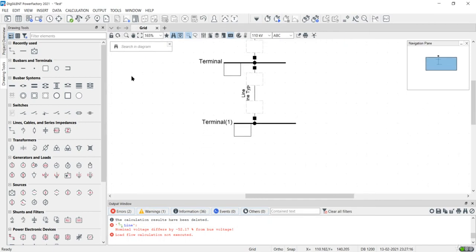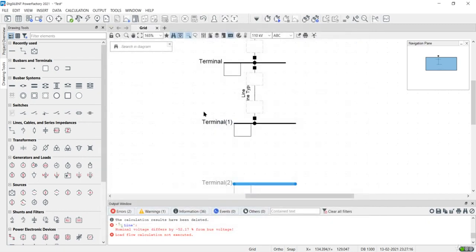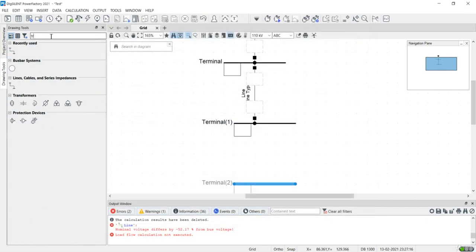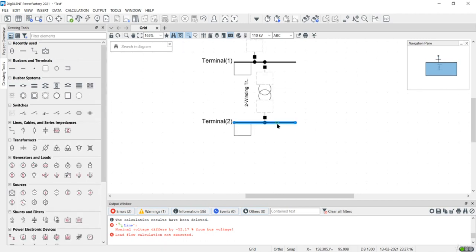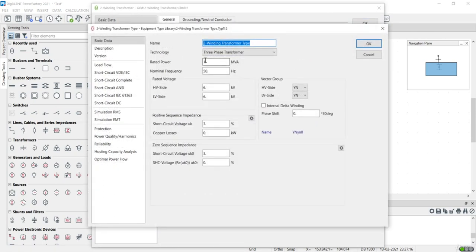And yes, this applies for transformers as well. Whenever you are connecting a transformer, the transformer voltage should be the same.